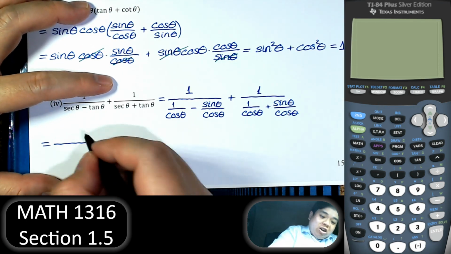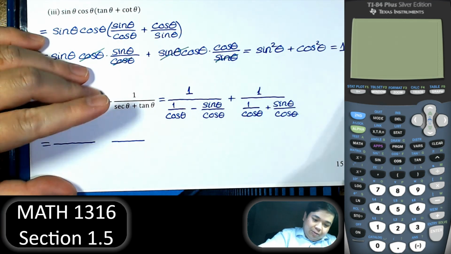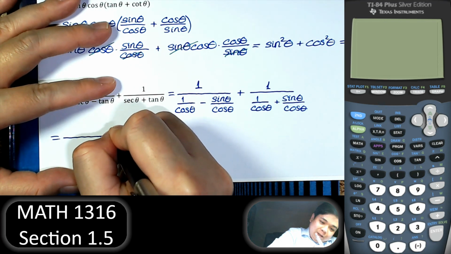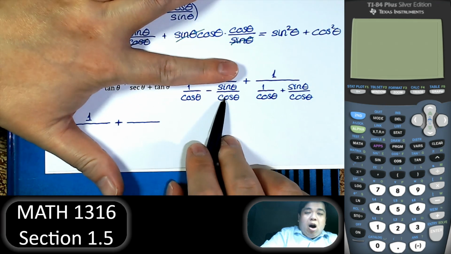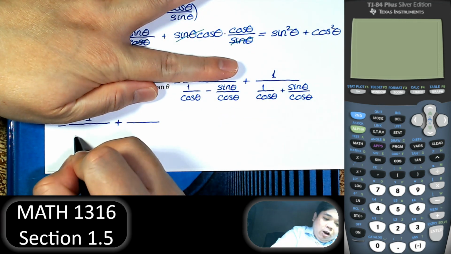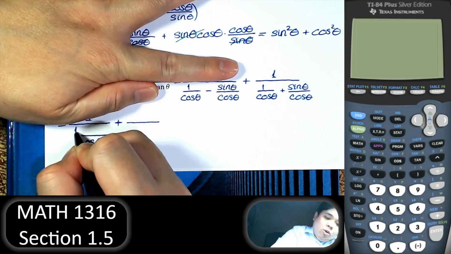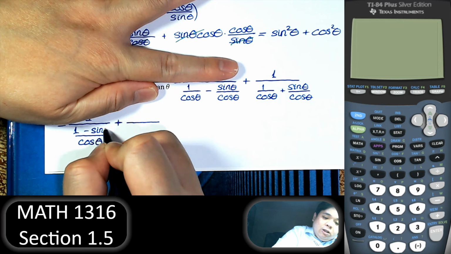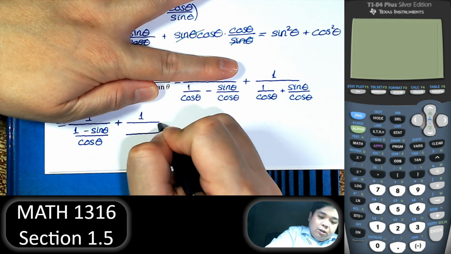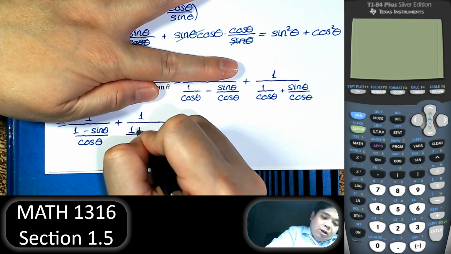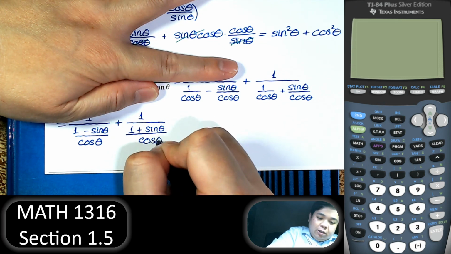I mean two big fractions. Right, one on the top. Next, the bottom though, both of them have cosine, so we'll write a common denominator of cosine, and we have 1 minus sine. The other one is 1 plus sine over cosine. Right.